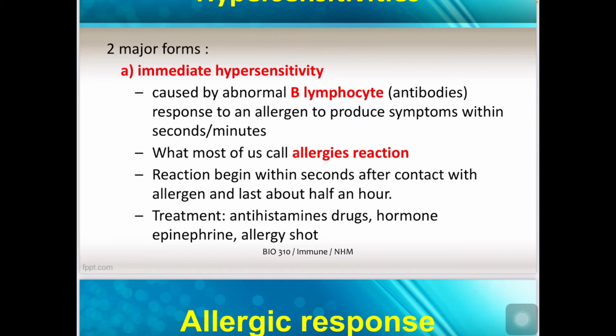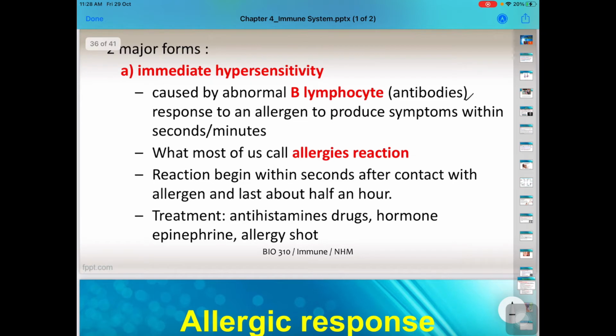This reaction is caused by the abnormal B lymphocyte, which is our antibodies, response to the allergen. The allergen is the antigen recognized by the immune system, specifically antibodies, and it will trigger the reaction. The reaction that occurs, we call allergic reaction.